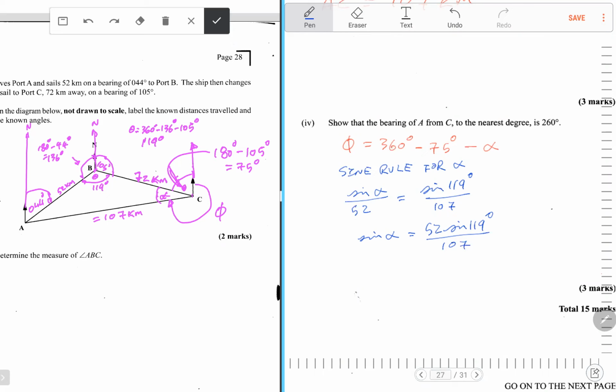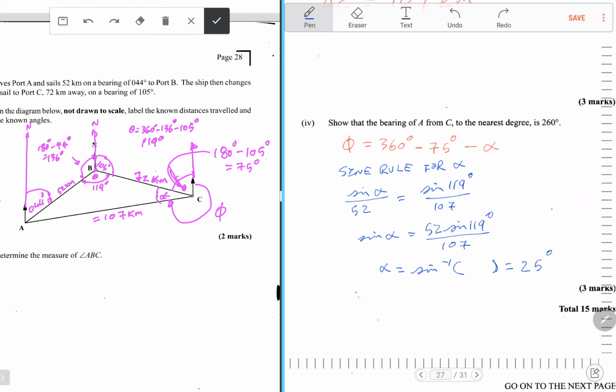So alpha is going to be sine to the minus 1 of whatever that is, and when you work it out, alpha is going to be 25 degrees.